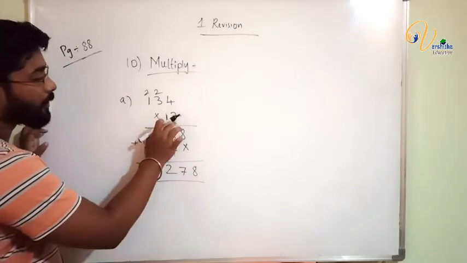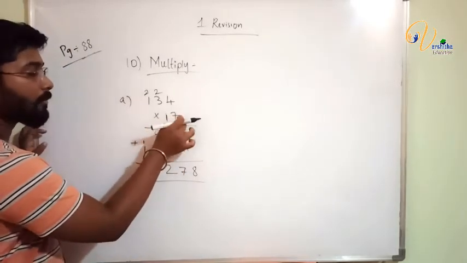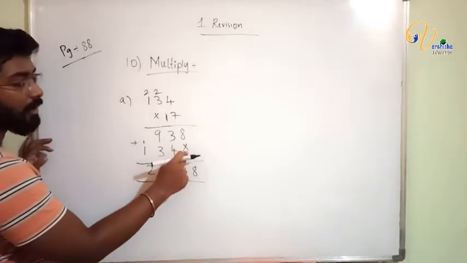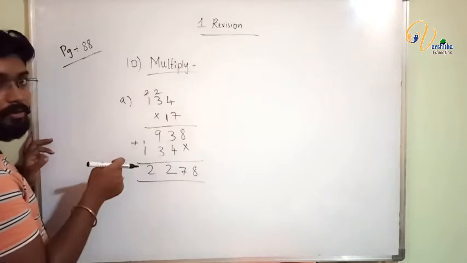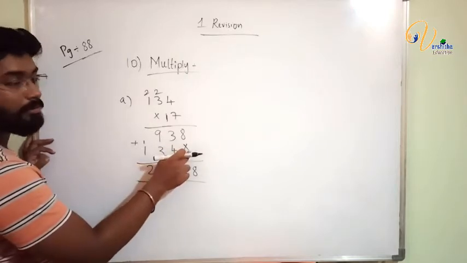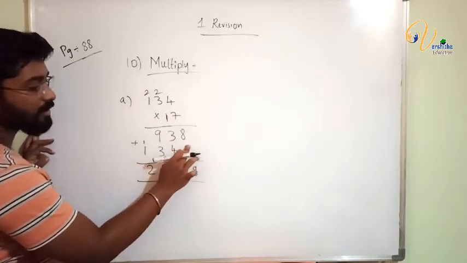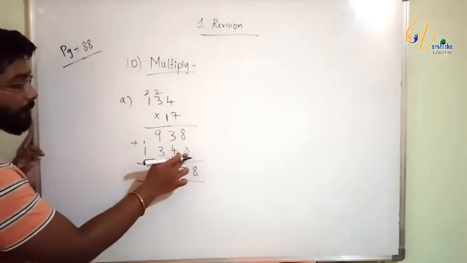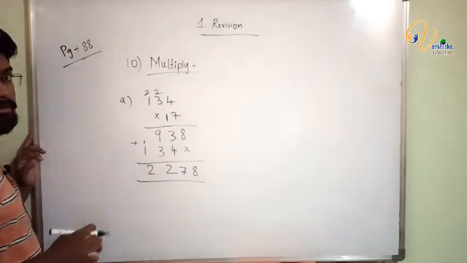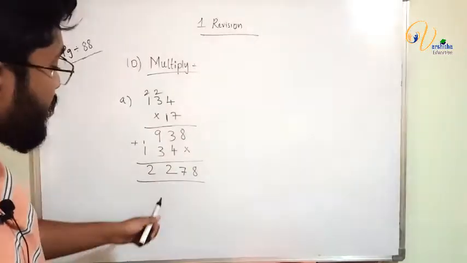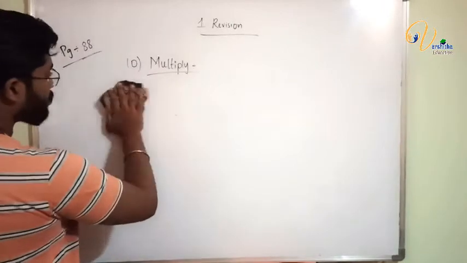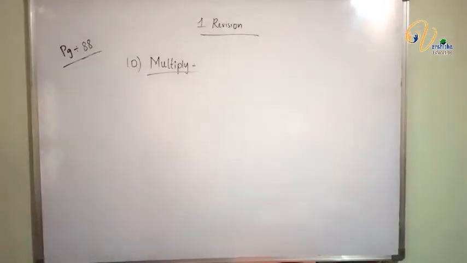Okay, after multiplying with 7, you have to leave one digit and then start. Don't start from here, that's why I am keeping this cross mark. You have to start from the next digit. Okay, like that you have to do. The answer is 2278.